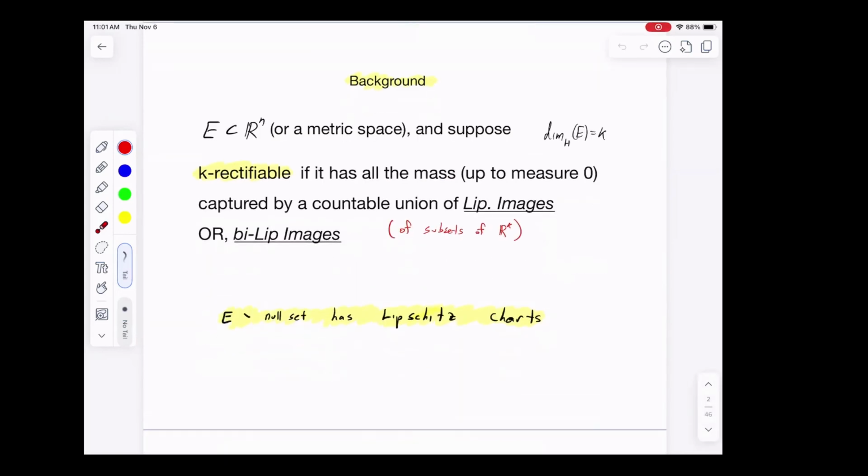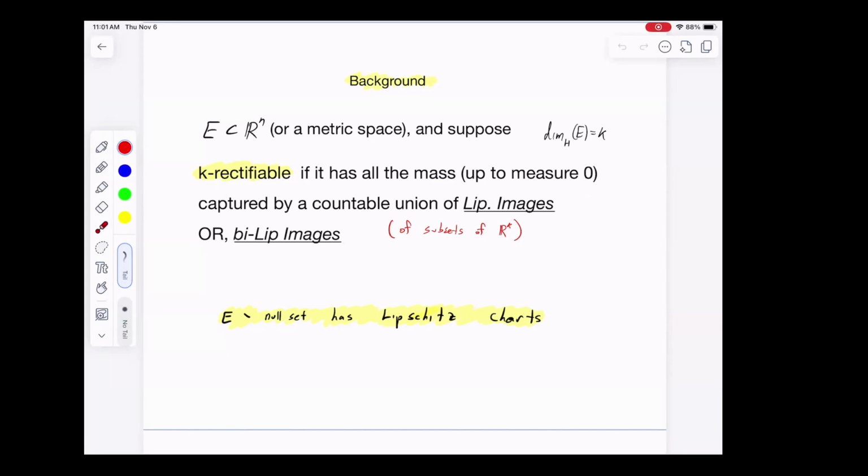Okay, so maybe I need to give some background. We have a metric space, specifically some subset of Euclidean space. We assume that the Hausdorff dimension is K, and we say that it's K-rectifiable if all the mass up to some negligible set is captured by a countable union of either Lipschitz images or bi-Lipschitz images.